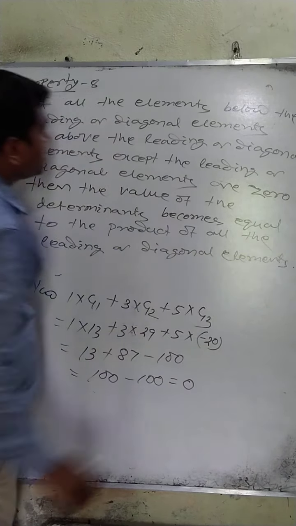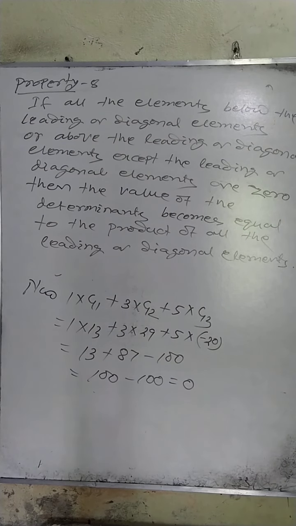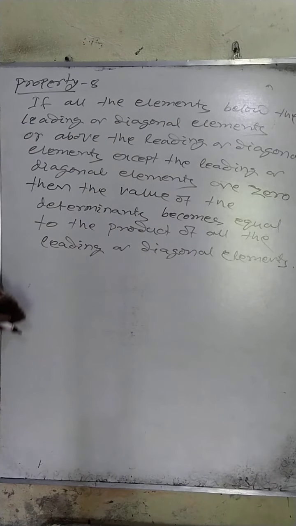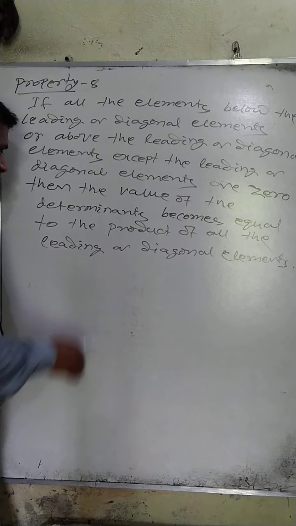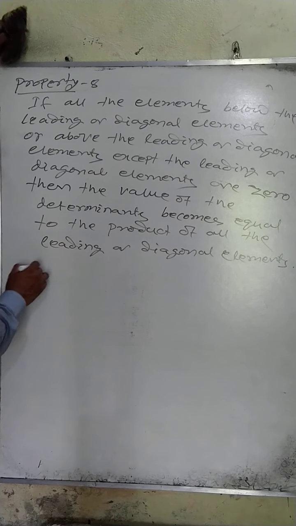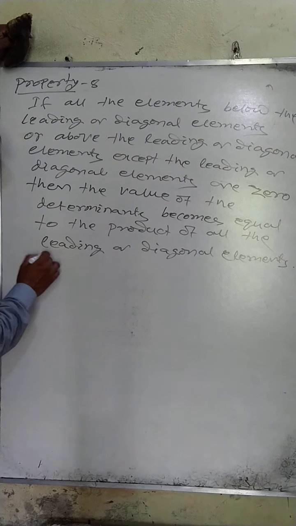Okay, if all the elements below the leading or diagonal elements or above the leading or diagonal elements are zero, then the value of the determinant is equal to the product of the diagonal elements. Now we verify it using an example.